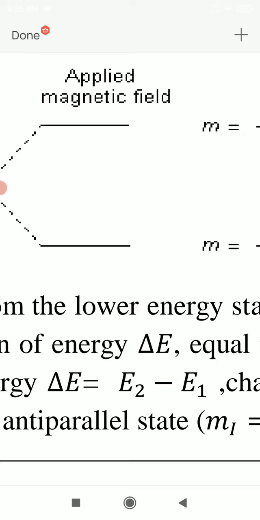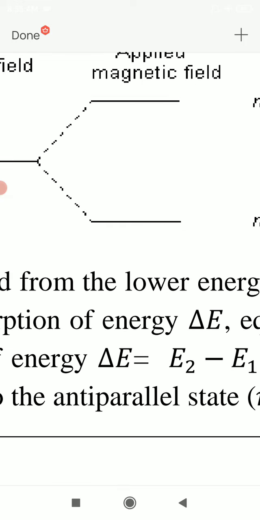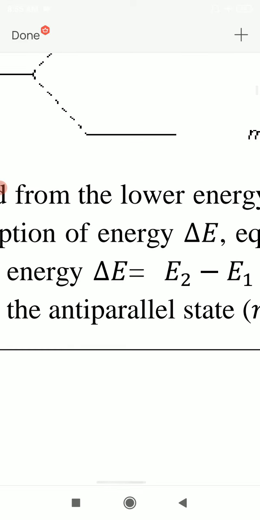If it absorbs energy delta E, then this absorbed energy delta E must be equal to E2 minus E1.